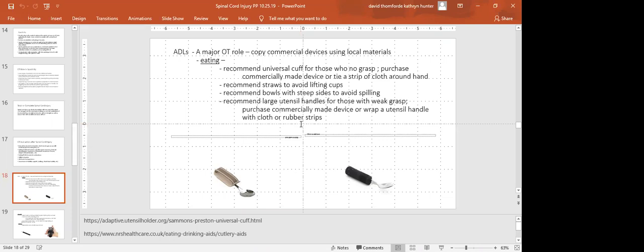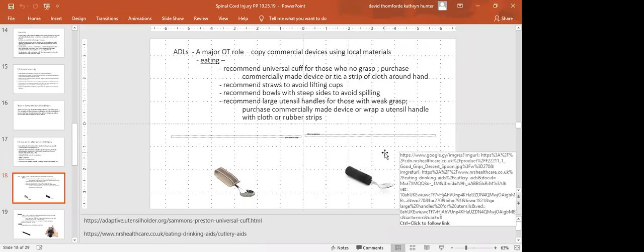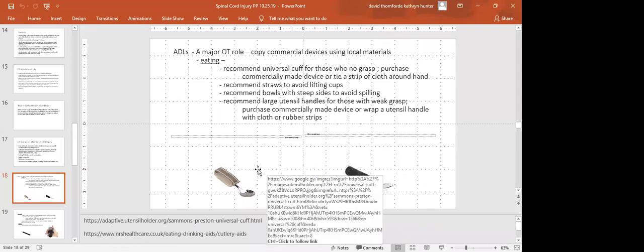If they have no ability to grasp things with their fingers, then we can purchase, you'll see the picture here on the left, an elastic strap that goes around their hand, with a pocket to put a spoon in. They still can eat, even though they don't have hand grasp function. That same pocket can also take a pen for writing. It can contain something attached to a razor for shaving.